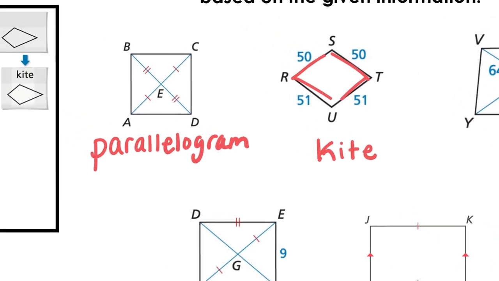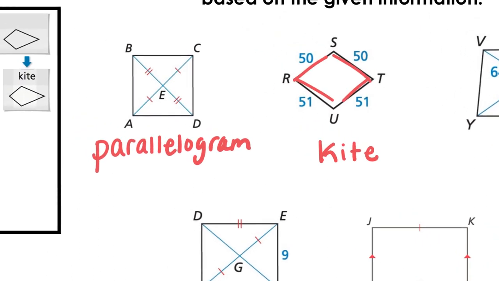Okay, looking back at this original one, I'm just trying to make sure I didn't miss something. Okay, hold on. These angles would be congruent because they're vertical, which means these triangles are congruent because of side angle side, which means that's congruent to that. Hold on.